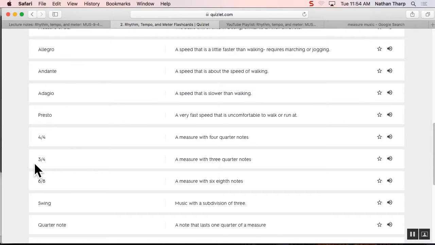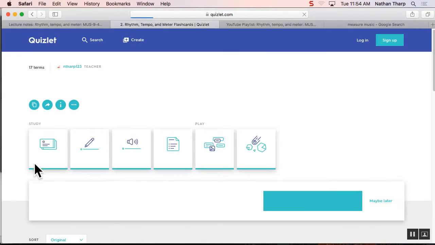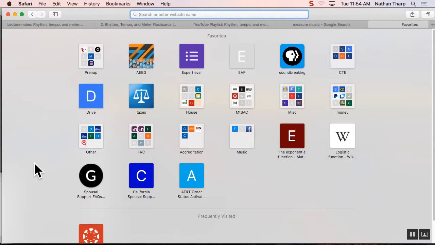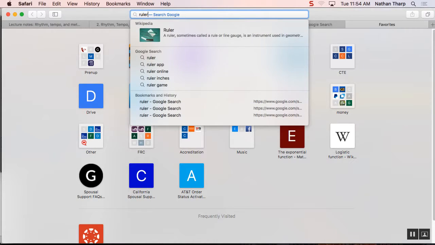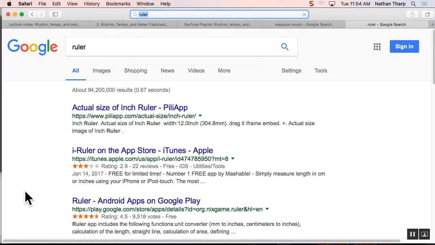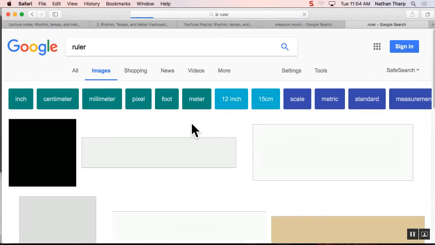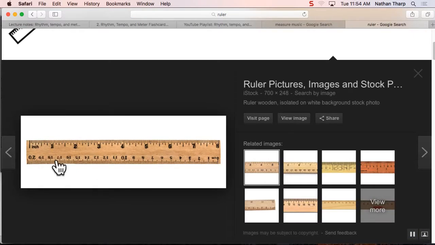So the measure is the unit of measurement. It's like an inch on a ruler. The meter is how do we divide up that inch. On a ruler, it's always the same, right? When we look at a ruler, it's always divided in half, divided in half, divided in half, divided in half, right?